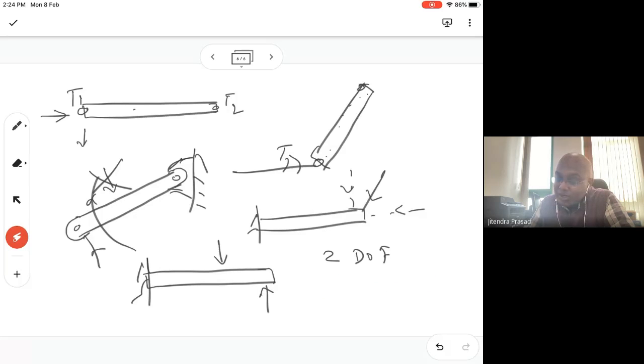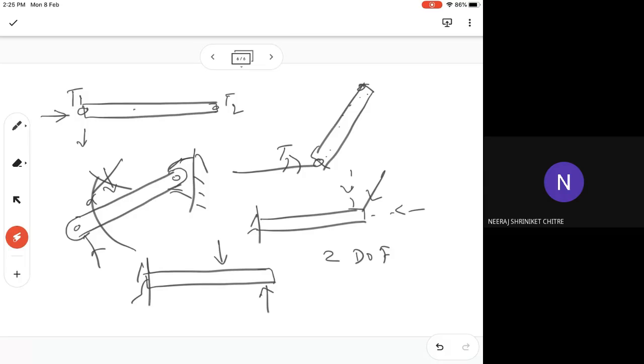So if the force is downward, there will be displacement downward, and there may also be rotation as well. So 2 degrees of freedom for the bending problem, 1 degree of freedom from the axial loading. So total 3.